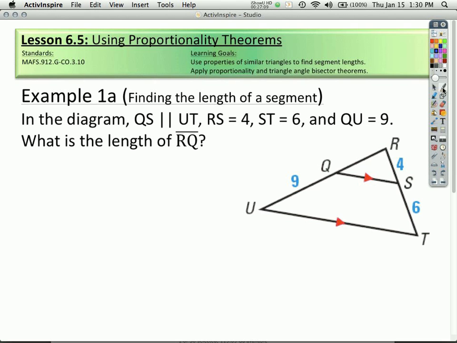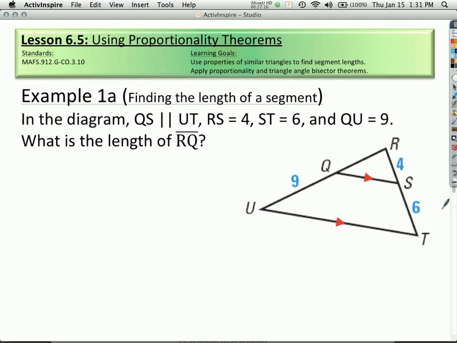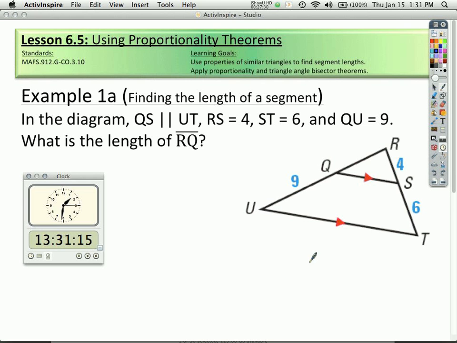Doesn't need to be perfect, it just needs to be accurate. So this is an example. This is not a checkpoint, but we're going to do something a little bit differently.